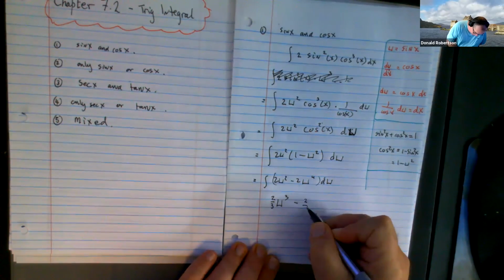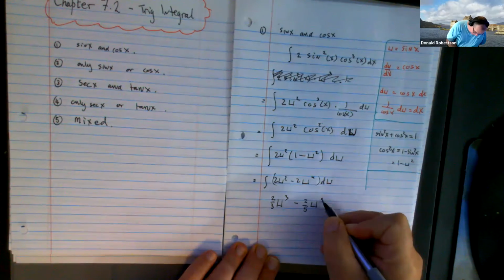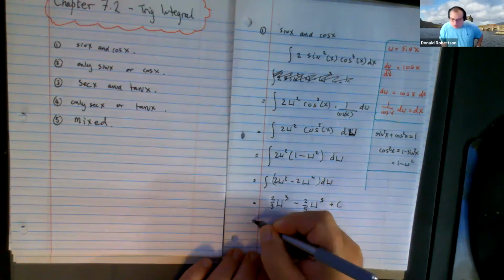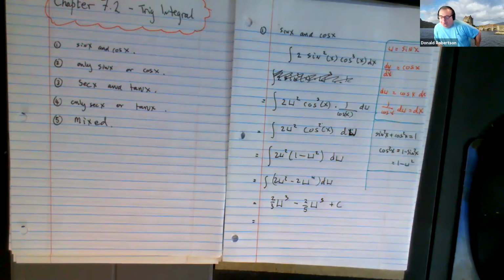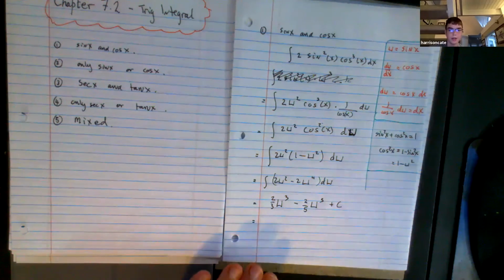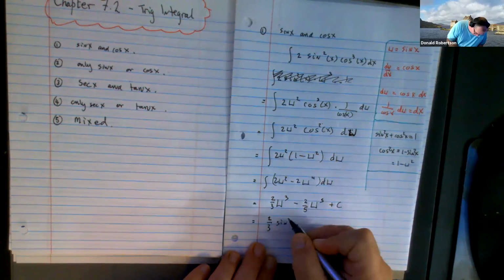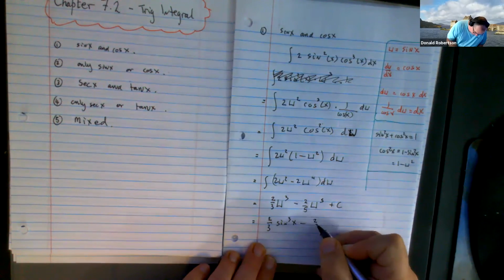Add 1 to the power, divide by the new power. Are we finished? Correct. What do we need to do now? We need to substitute sine of x back into u. Right, so get it back to the x's.